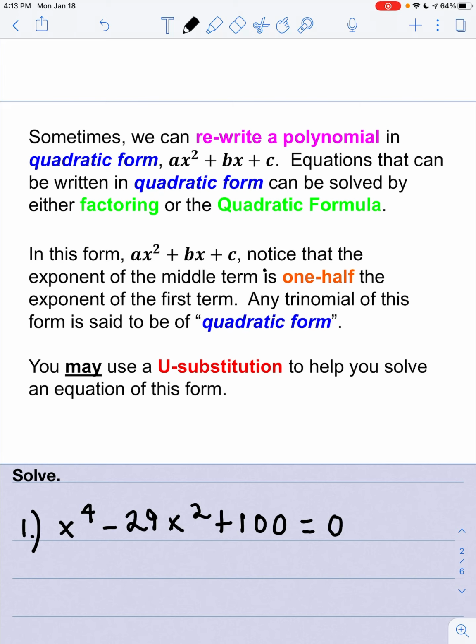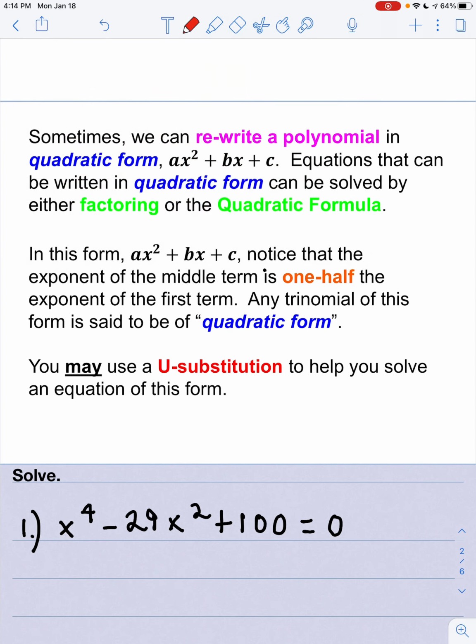To be of quadratic form, the middle term's exponent must be 1/2 the first term's exponent, and any trinomial of this form with a constant as the third term is considered to be of quadratic form. And U substitution is one way we can go about factoring. We can also factor directly. So I'm going to show you both methods here in our first example.